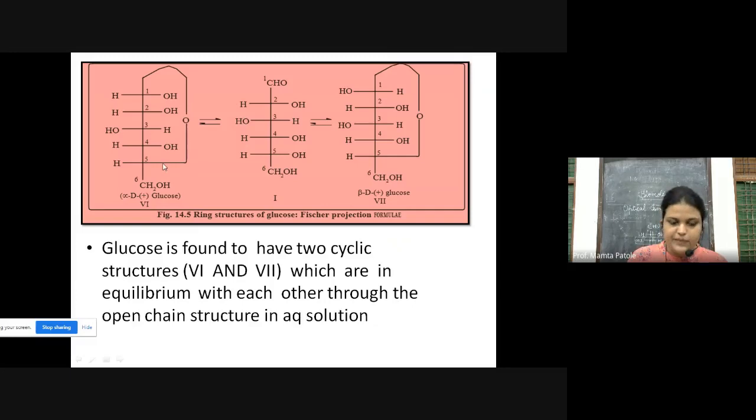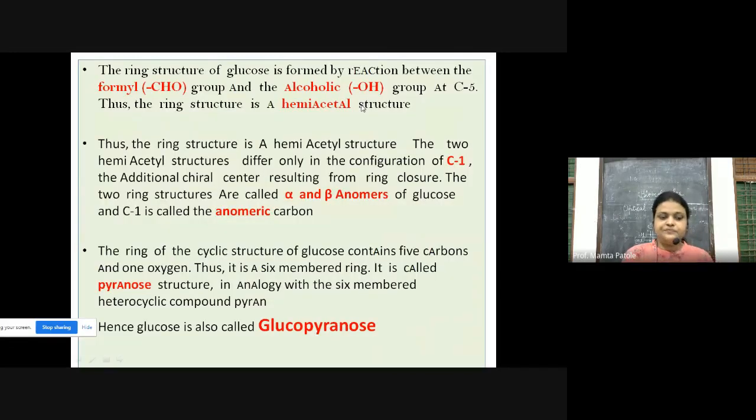What is happening here is that the OH group on the fifth carbon will go and attach on the first carbon. If the OH is on the right hand side, it is called alpha D glucose, and if it is on the left hand side, then it is beta D glucose. We will learn this in detail now.